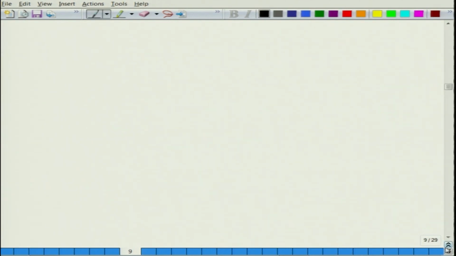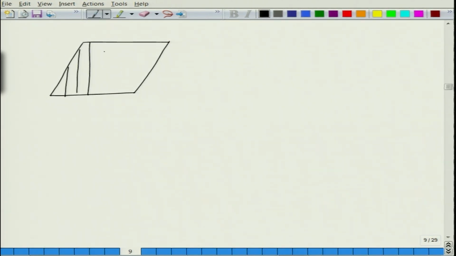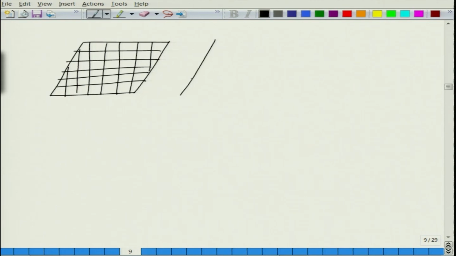So for example, if you deform the material to this shape, is it possible that you may have a situation like this? Let us say if we had these grids, atomic grids that were present earlier, do they remain the same as they were earlier, or do they become bigger or smaller?